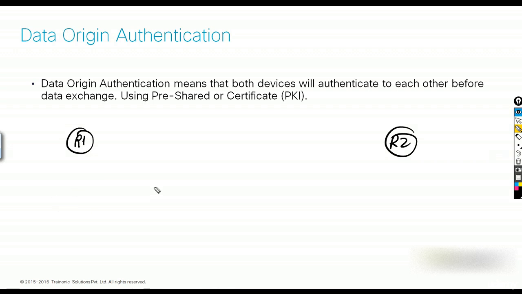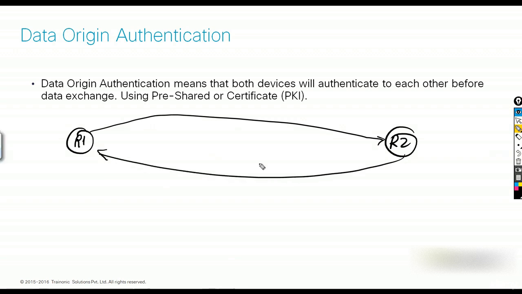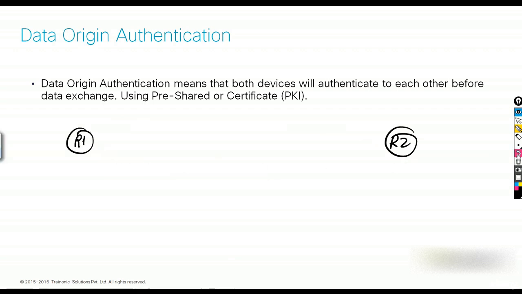Before any data exchange, R1 will authenticate to R2, and R2 will authenticate to R1. For this authentication, we can define, for example, R1 is connected with the ISP, which is connected with R2.